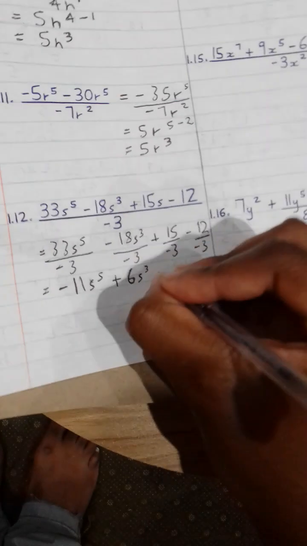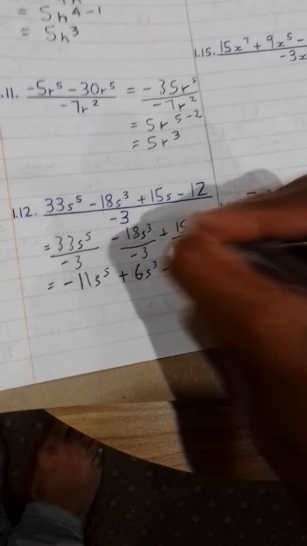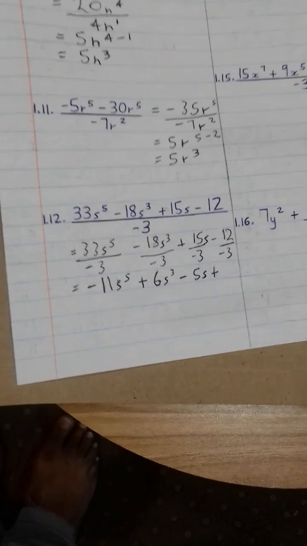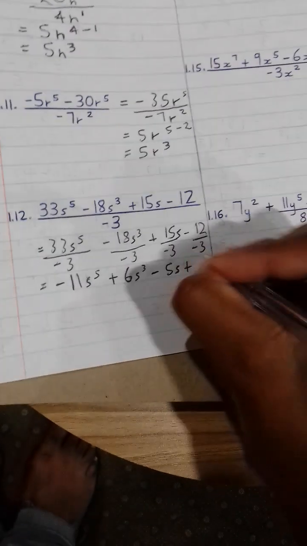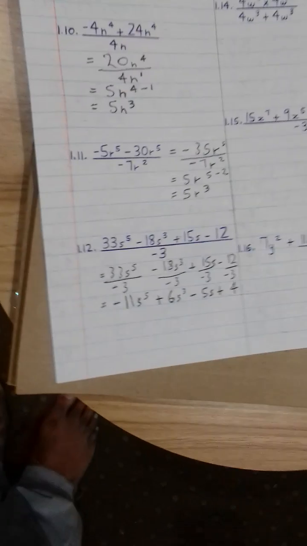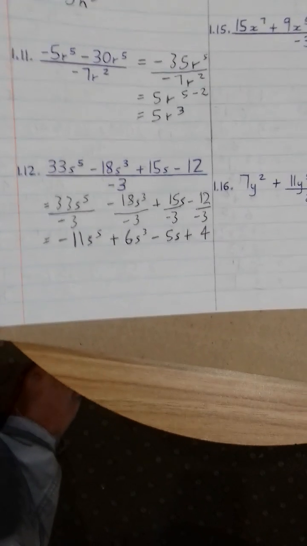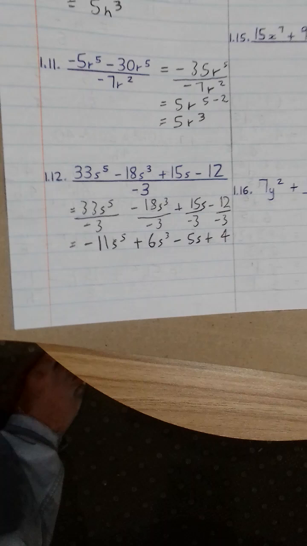Positive divided by negative is negative. It's 15s, my mistake. 15 divided by 3, 5. So negative 5s. Negative divided by negative, positive. 12 divided by 3, 4. So that's the final answer, and I hope it makes sense.